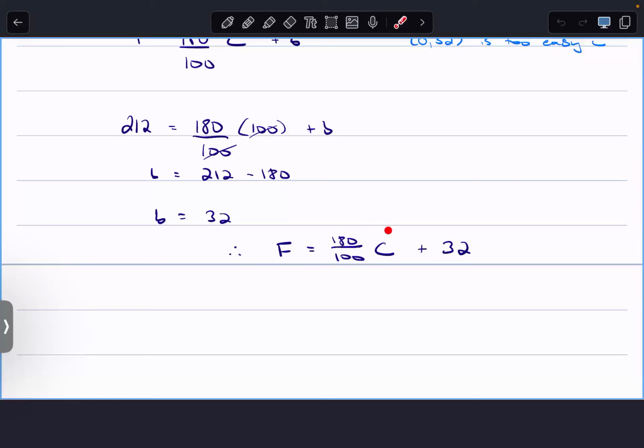So in this equation, we could rearrange this and solve for C and find that it becomes what was in that example, right? You can rearrange things. They've reduced it, right, to 9/5. I'll make a note here. Because, right, 180 divided by 100, yeah, or 9/5.